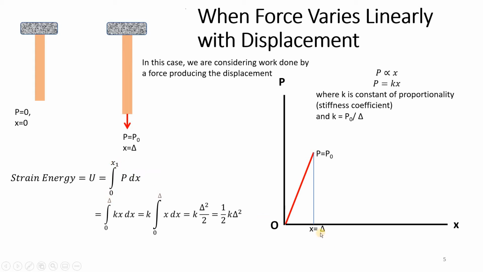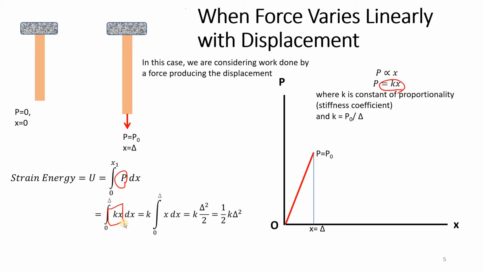This time we are using a specific value of displacement, which we are calling delta, the attained displacement. So the integration has to be performed for the limits between 0 and delta. Now we can replace this P by Kx from this relationship.